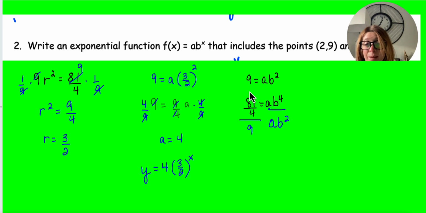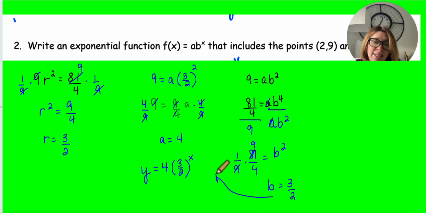So that would be the same thing as multiplying by a 9th, right? So 81/4 times 1/9, which is going to give me 9/4. The a's would cancel, and you get equals b squared. And so b would be equal to 3/2. And then you'd go back to this.